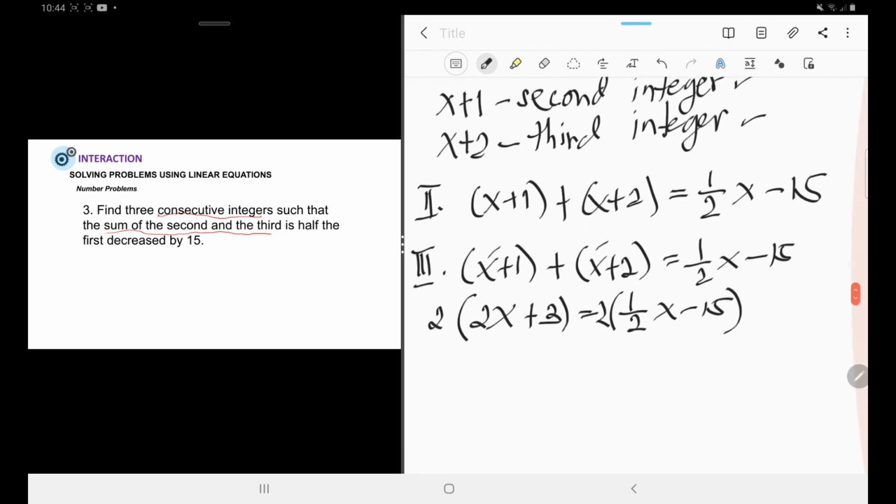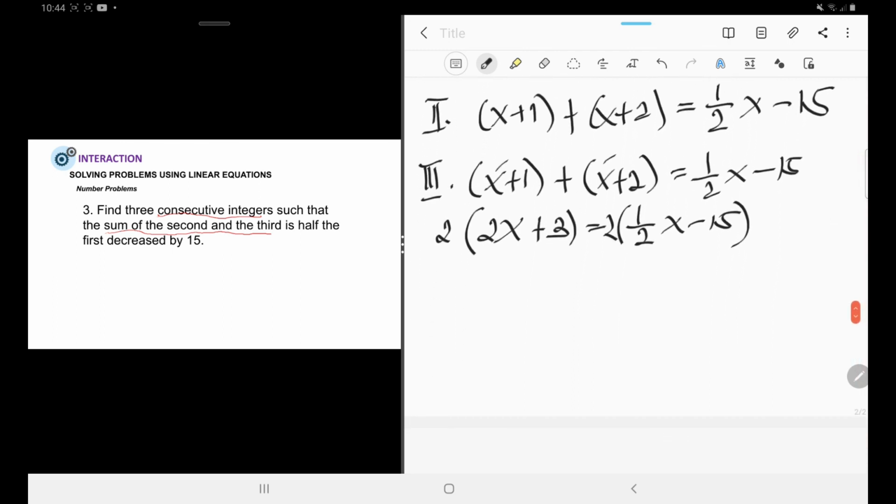So 2 times 2x plus 3, that should be 4x plus 6. Then is equal to 2 times 1 half of x is 1x, or simply we write x. And then 2 times negative 15 is negative 30. So that's minus 30. So we have 4x plus 6 equals x minus 30.